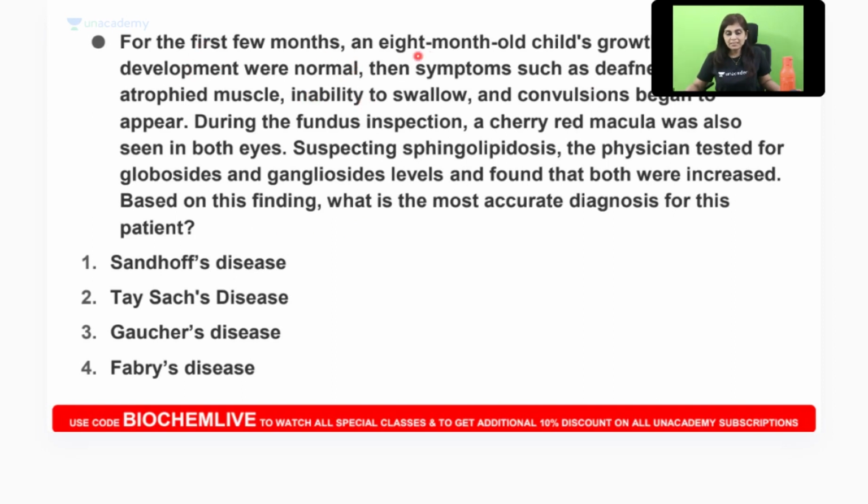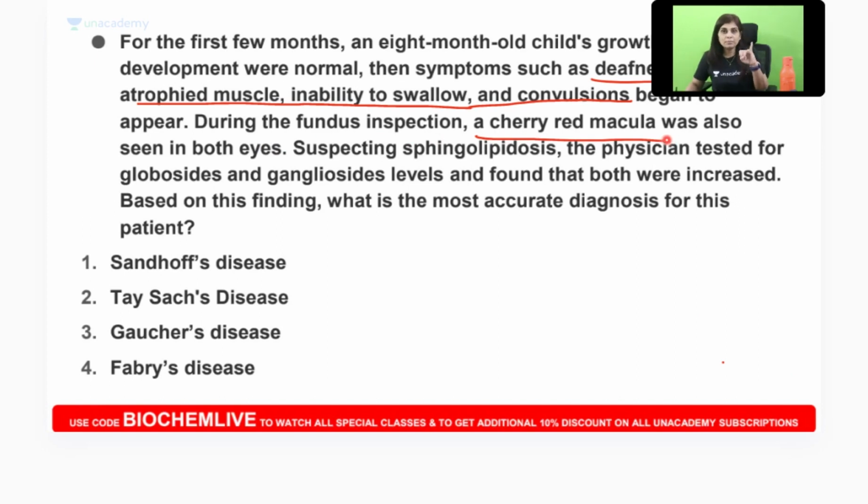So let me read the question for you. For the first few months, an 8-month-old child's growth and development were normal. Then symptoms such as deafness, blindness, atrophied muscle, inability to swallow, and convulsions began to appear. Who's confused? If there is any confusion, please type. I will be happy to explain it. During the fundus inspection, a cherry red macula was also seen in both the eyes.